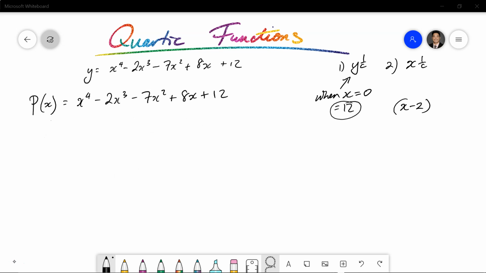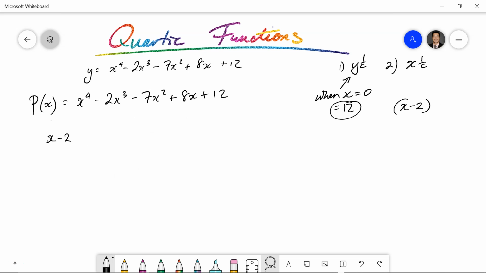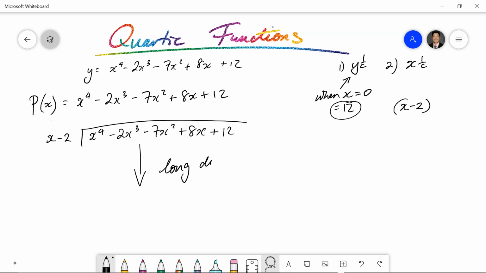Now, from this point, what you'll do is use long division. And you'll actually go through the whole process that we've done in our chapter on polynomials, and work out what each of the other factors are.